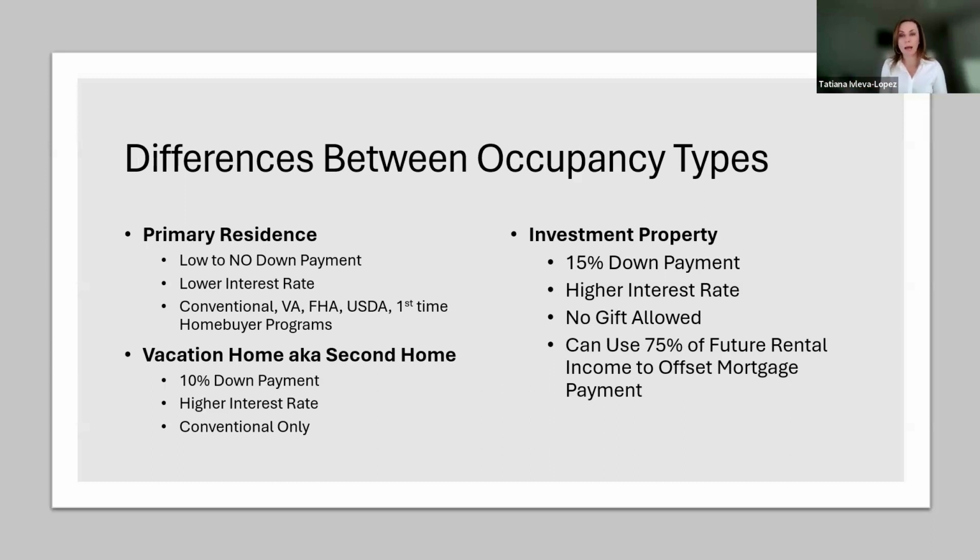We would just count 75% of that as income, so we're not going to count the whole $2,000 against the borrower. It would only be like $500 against the DTI on that one. But if they knew they could rent it out for $3,500 a month, then they're golden. If that 75% of the rent covers the mortgage payment, then they're good.